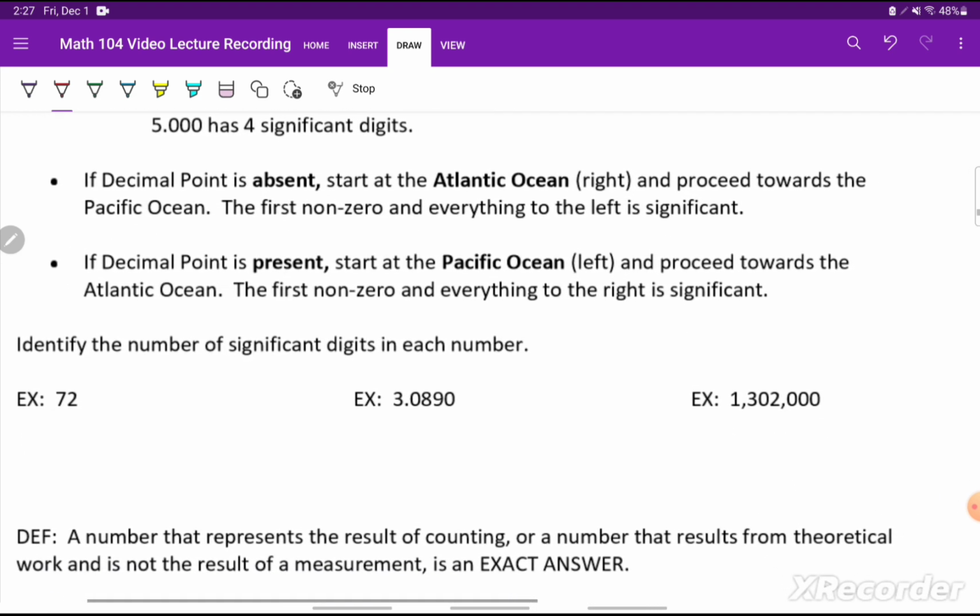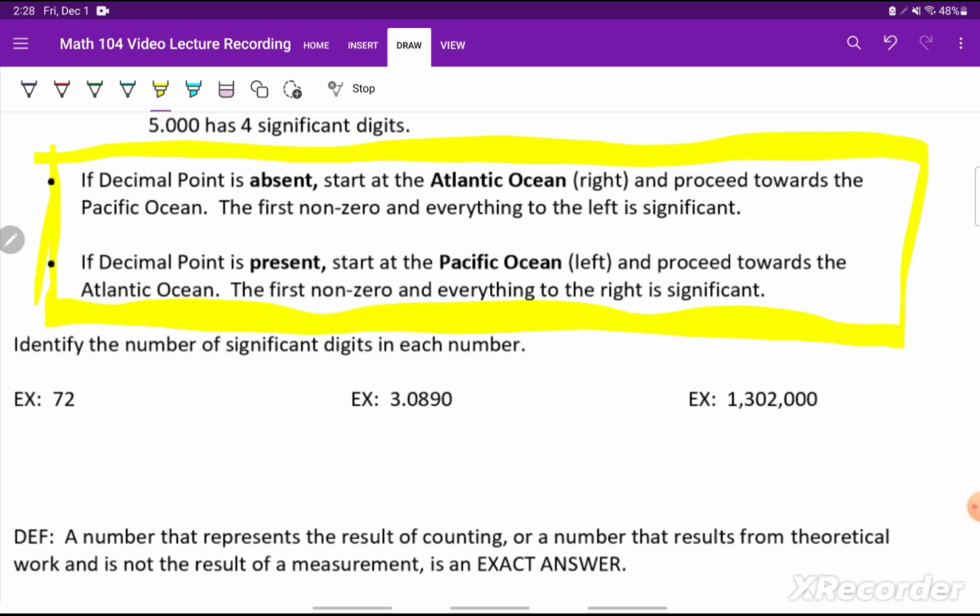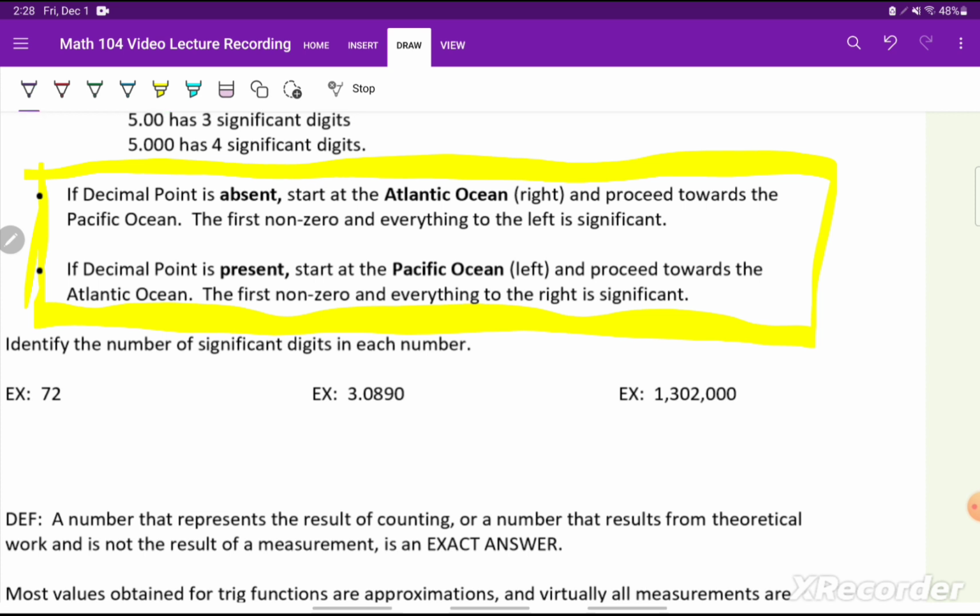So I have a little trick here I got from one of my physics friends to help us remember how to correctly do significant digits. Now, this is going to require a little bit of U.S. geography. If we've got the United States here, the Atlantic Ocean is over here and the Pacific Ocean is over here. We do need to keep that in mind.